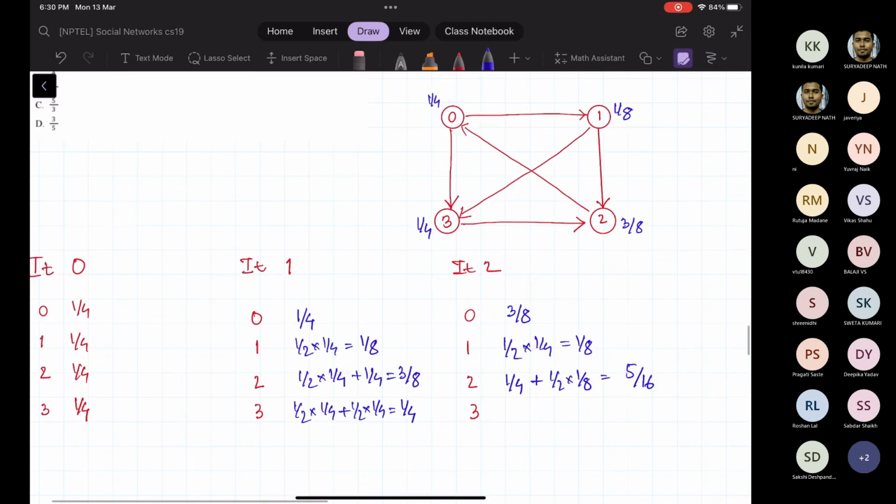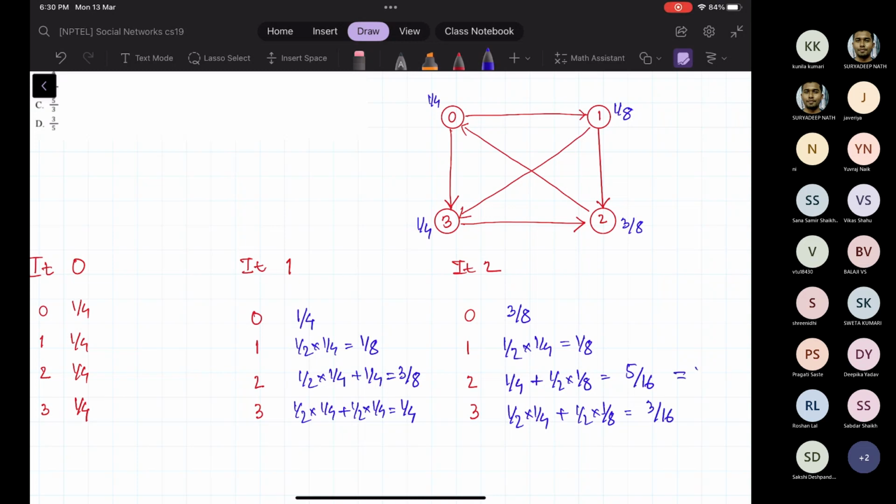For node 3, it has two incoming edges, so it gets half of 1/4 from node 0 and half of 1/8 from node 1. That turns out to be 3/16.